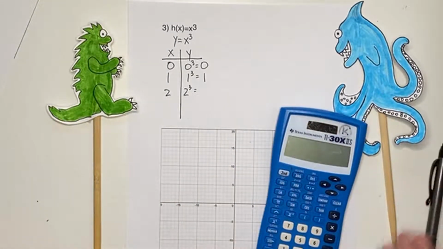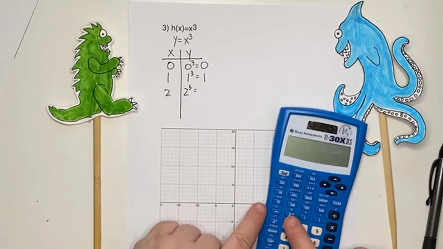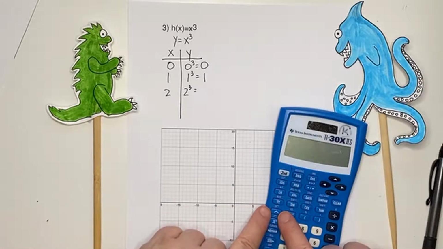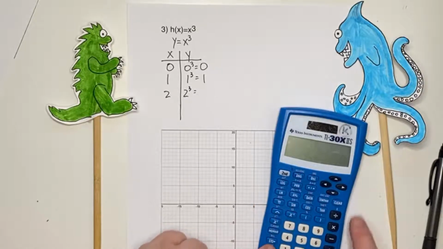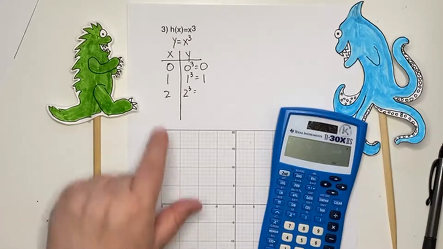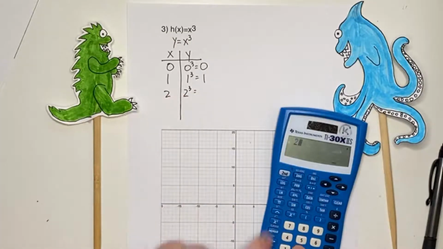There we go. Okay, on my calculator, I've got a very simple exponent key. It looks like a rooftop thing, like this up arrow, and that's how I do it. So if I want 2 cubed, I can do 2, exponent key, 3, and it gives me 8.